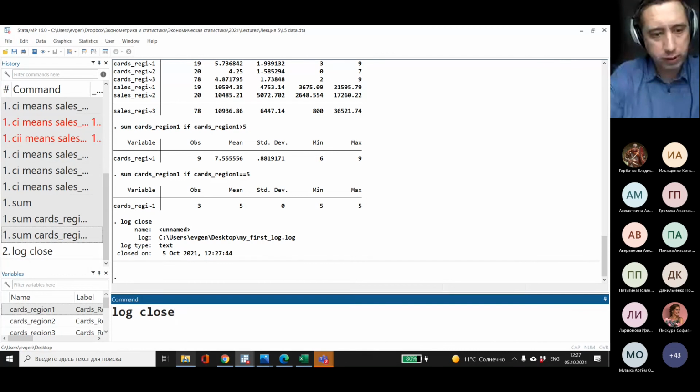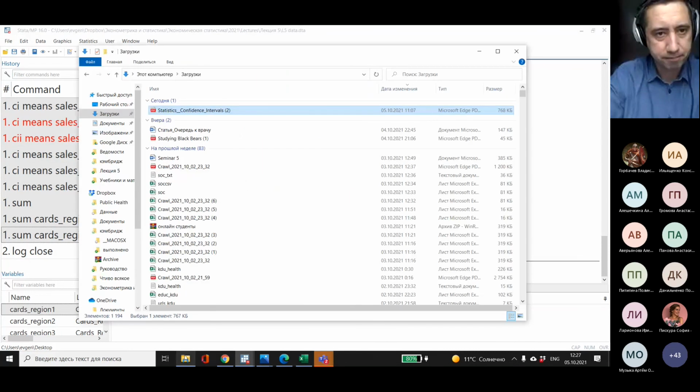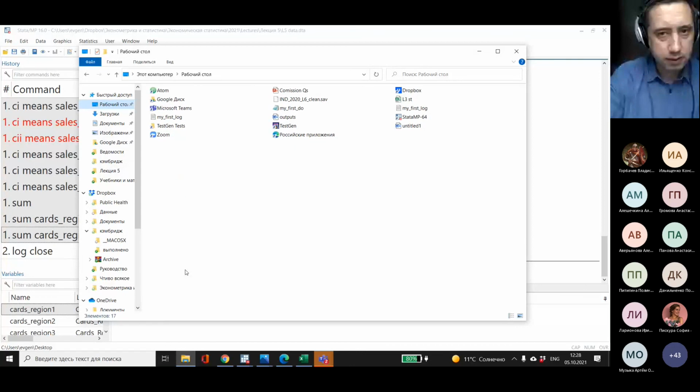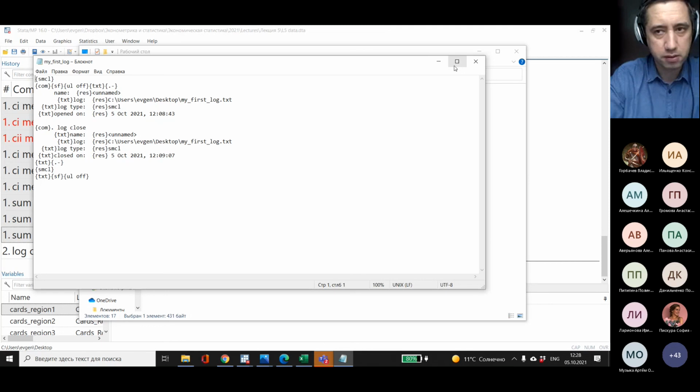And let me show you what happens. Look, here I have my log files, for example, my first log or this one. Well, I can open my first log file. This is in SMCL format. It's not user friendly. We have some brackets, so it's not user friendly.